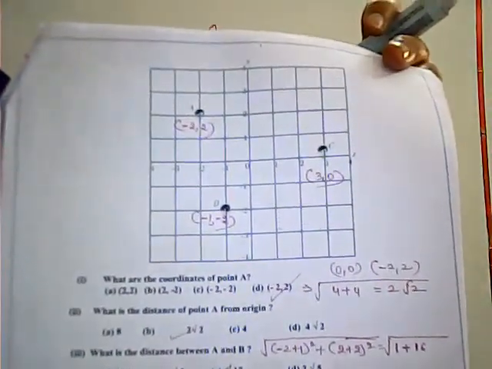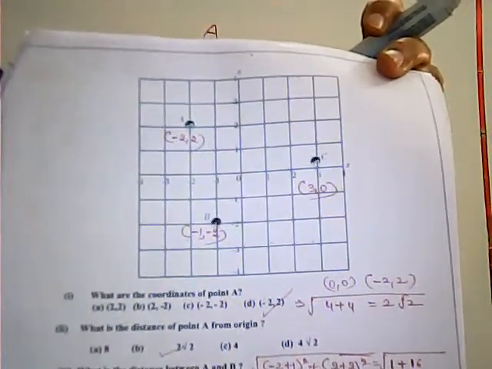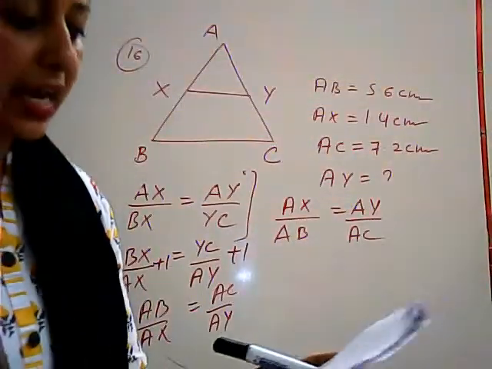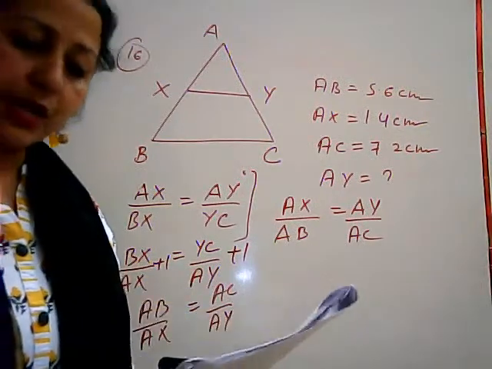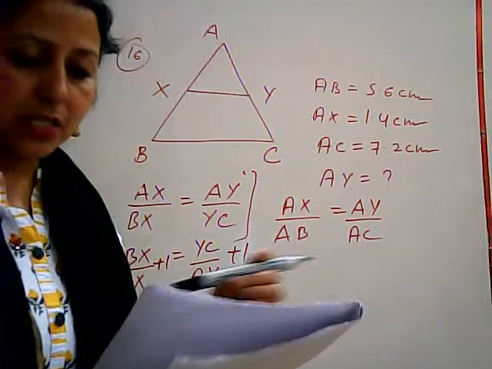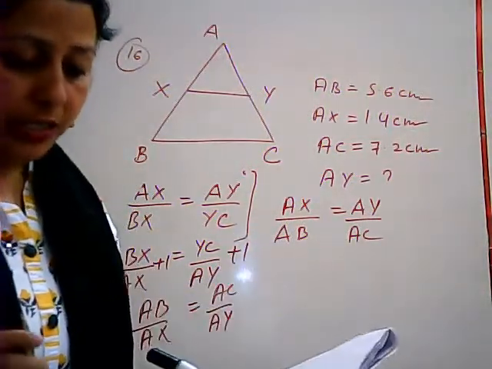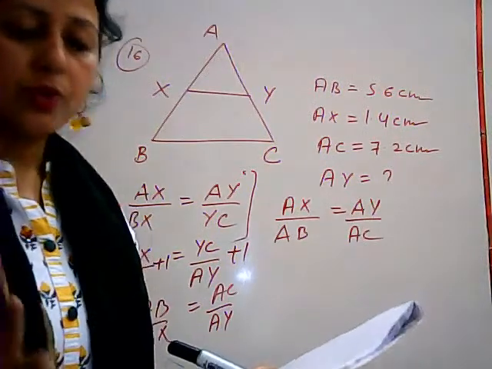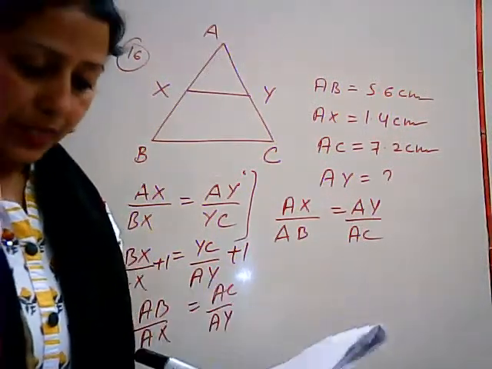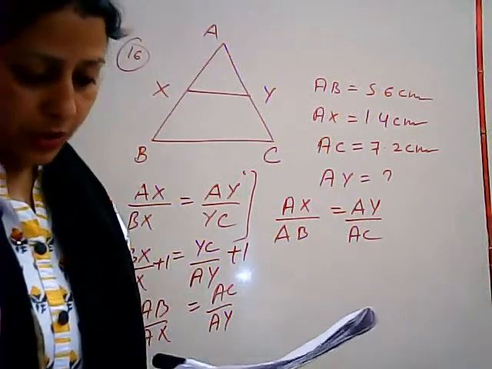This is the box given to you. You have to find the coordinates of A, B, C, and everybody can find the coordinates. You know how to find the distance between two points. And one question is related to your section formula also, so you have to use the section formula. So this you can do.